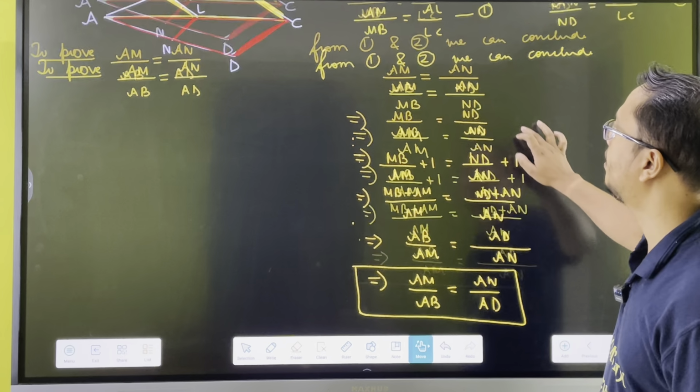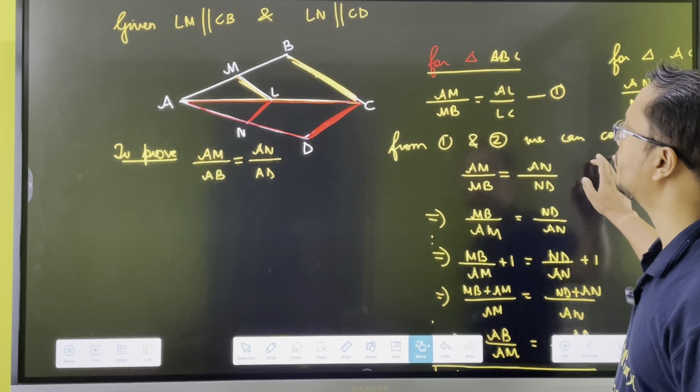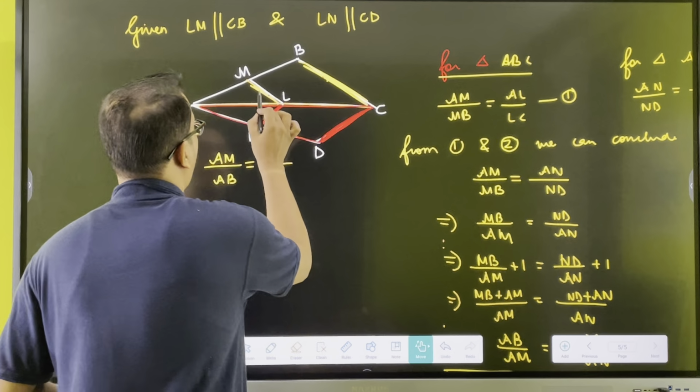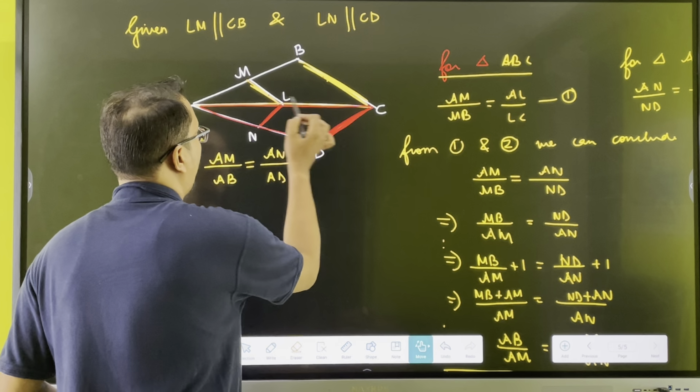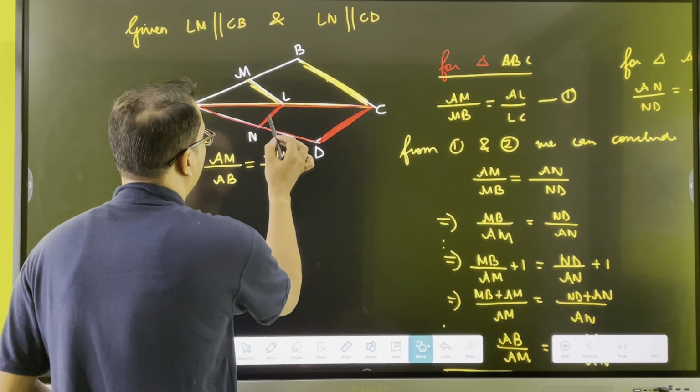Just observe that some lines are given parallel, and this forms a triangle. Again, this is a triangle, this is parallel to this.